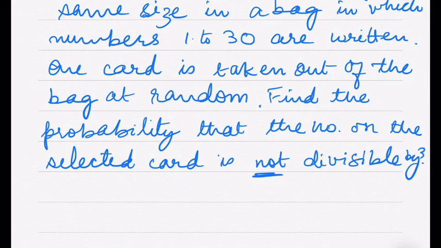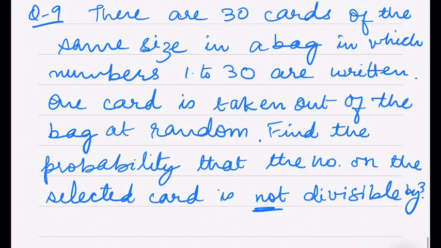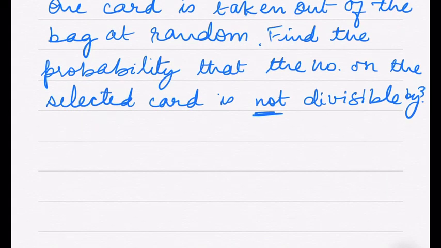Okay, so there are 30 cards of the same size in a bag in which numbers 1 to 30 are written. One card is taken out at random from the bag. Find the probability that the number on the selected card is not divisible by 3.